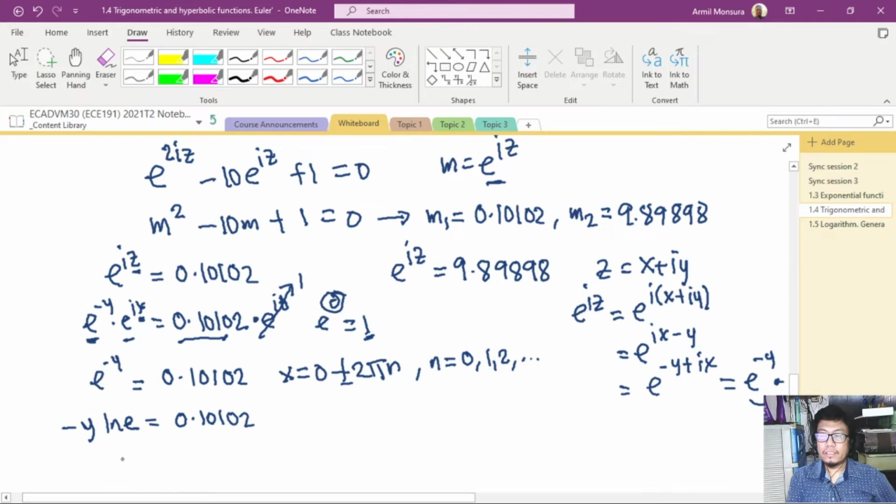Sorry, it should be the natural logarithm of 0.10102.